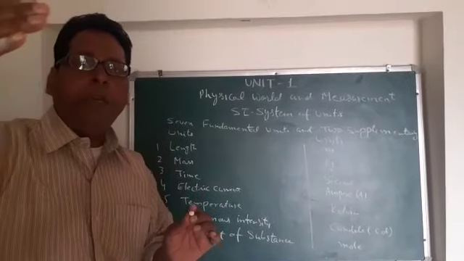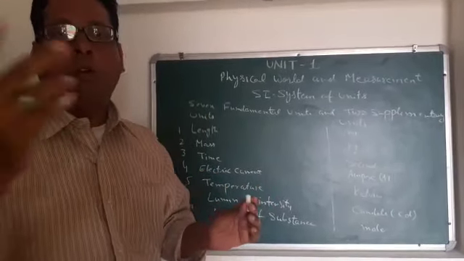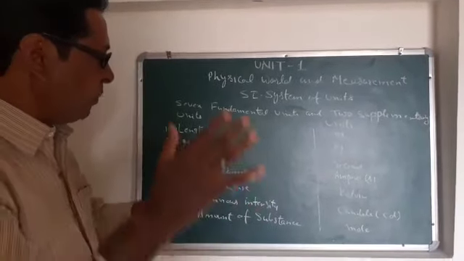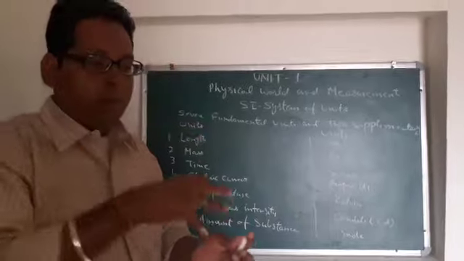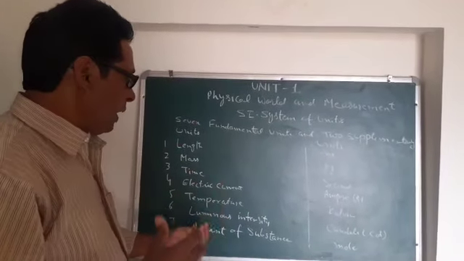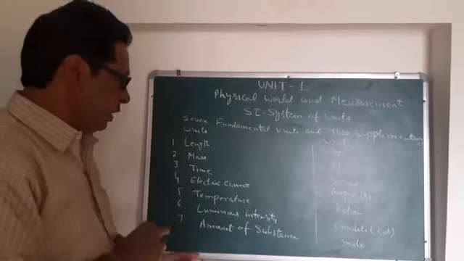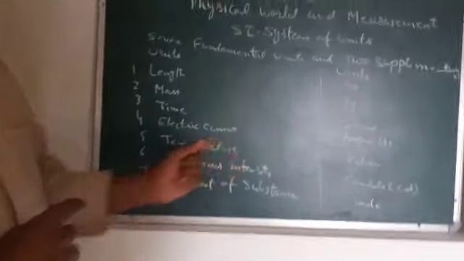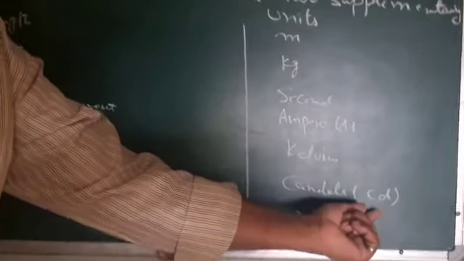If we move away from the source of light, the intensity of light reduces, meaning it has low intensity. This is luminous intensity, and its unit is candela, short form cd.